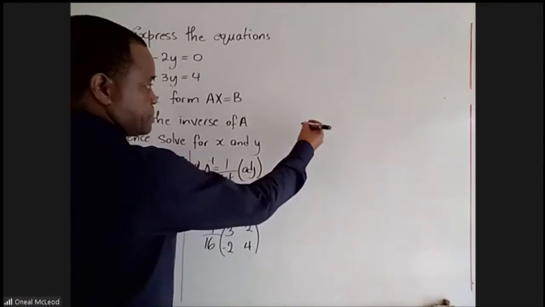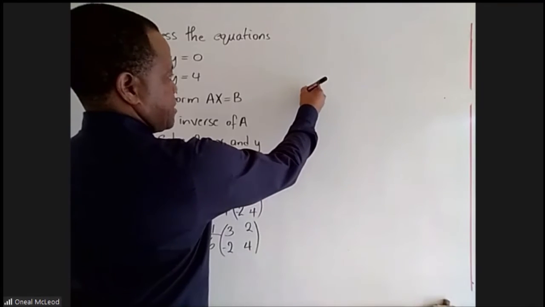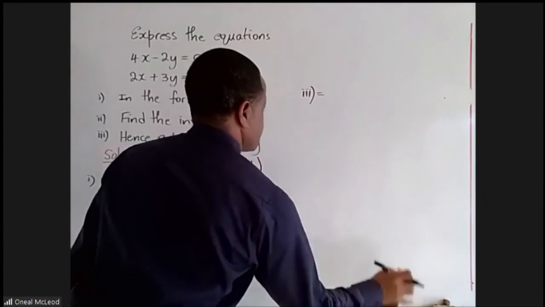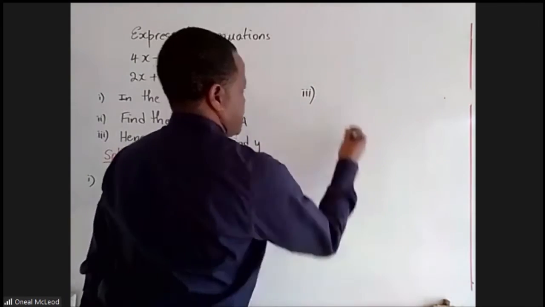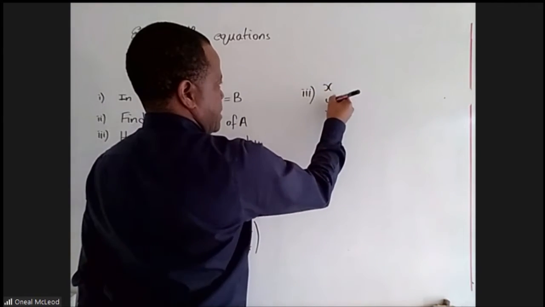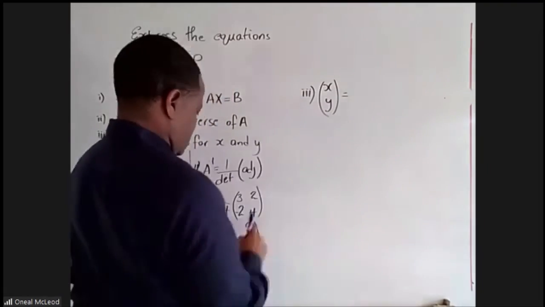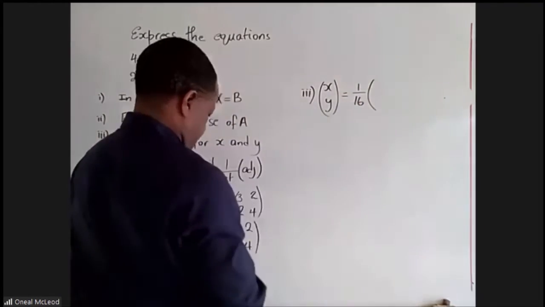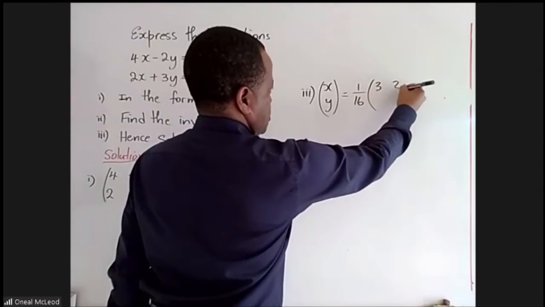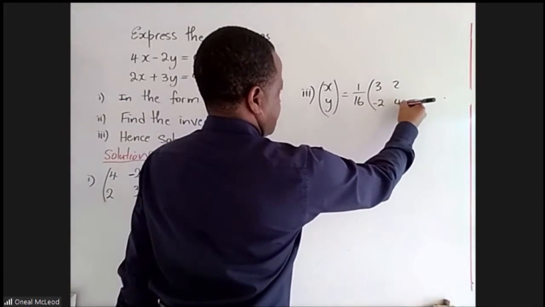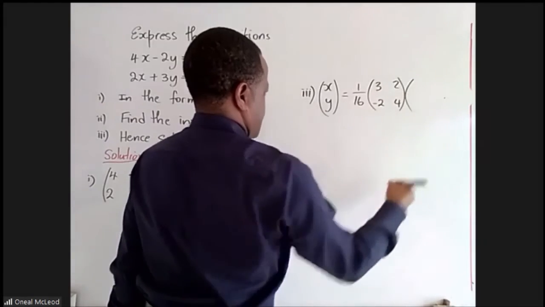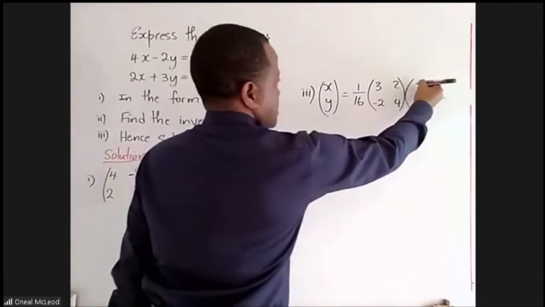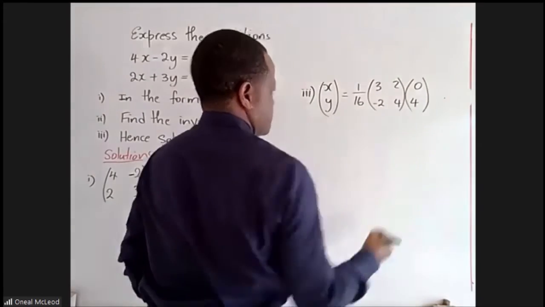So part 3, we have it here, part 3 will be XY equals the inverse, which is 1/16 of the adjoint 3, 2, -2 and 4 times the constant, which is 0, 4. So this is now 0, 4.